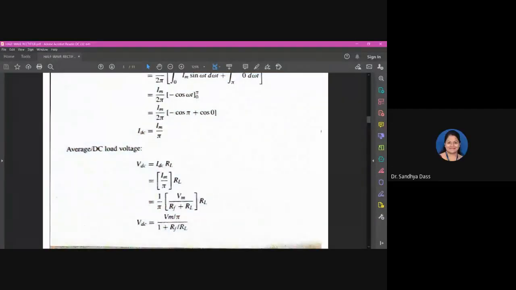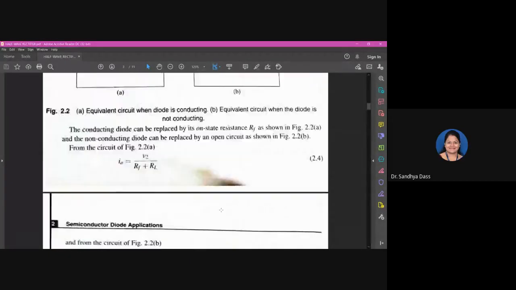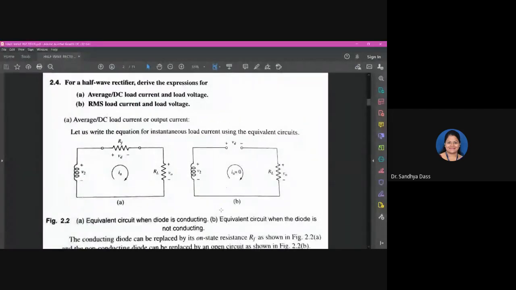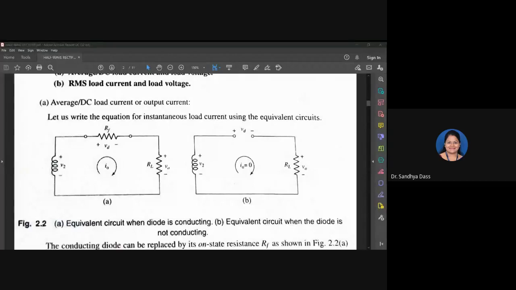Ma'am, could you please show the equivalent circuit? Equivalent circuit, okay. Yeah, Jason, you have any doubt there? You want to get it clarified? Maybe what I'm guessing here is how did that Rf come?